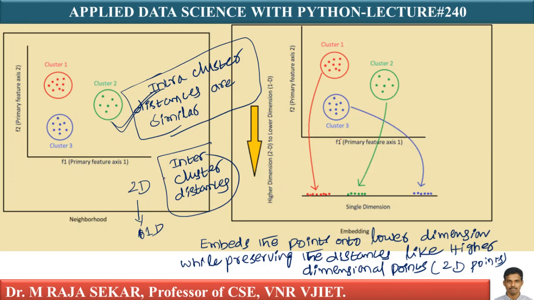That is, in high dimensions, which in this context means 2D, for example, this is my cluster 1, this is my cluster 2, this is my cluster 3. In cluster 1, all these are neighboring points. In cluster 3, all these are neighboring points. In cluster 2, all these are neighboring points. This is 2D. I am converting into 1D.